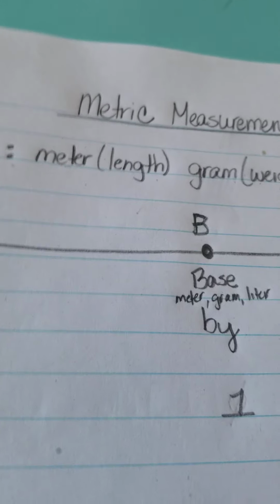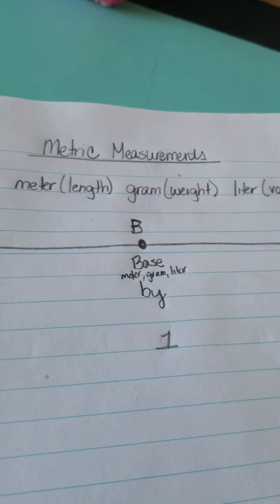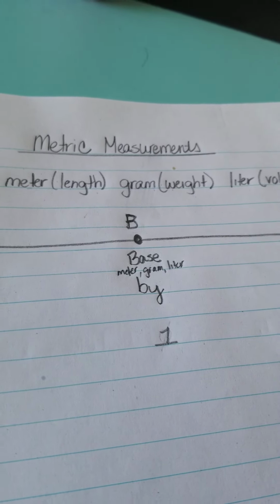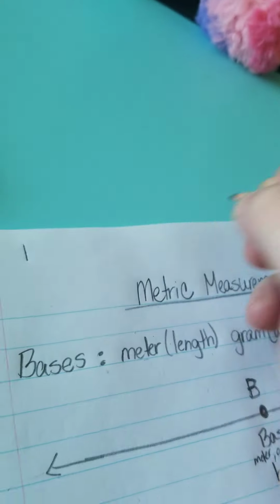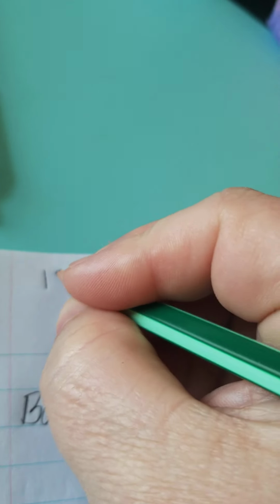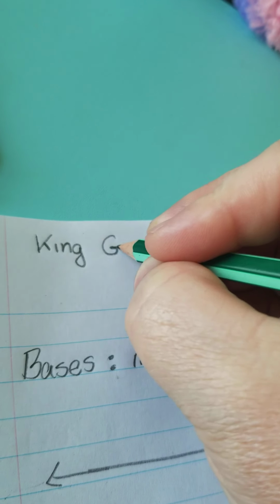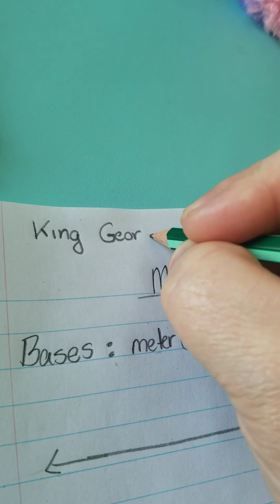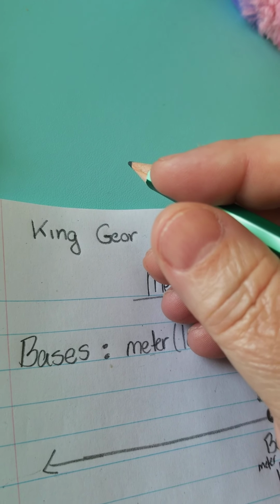So the way we do that is we have a little saying, okay? So anytime I need to convert something, I'm going to get my saying in line, all right? My saying, okay, put it up top. This is my saying. King George. No. Is it King George?